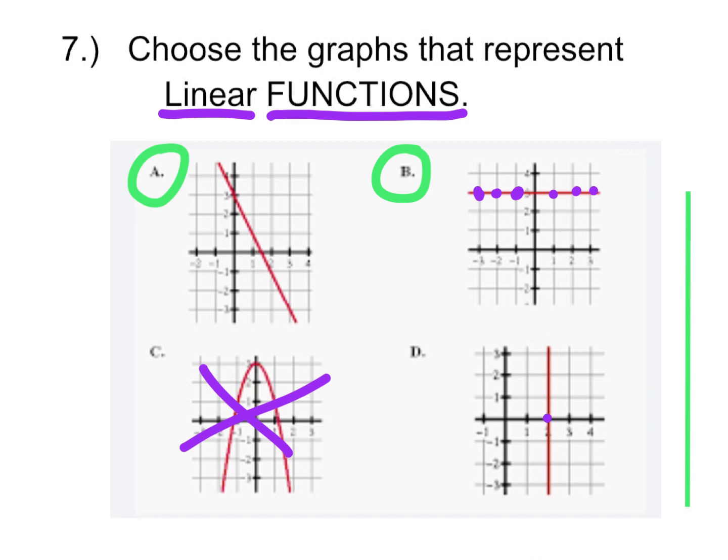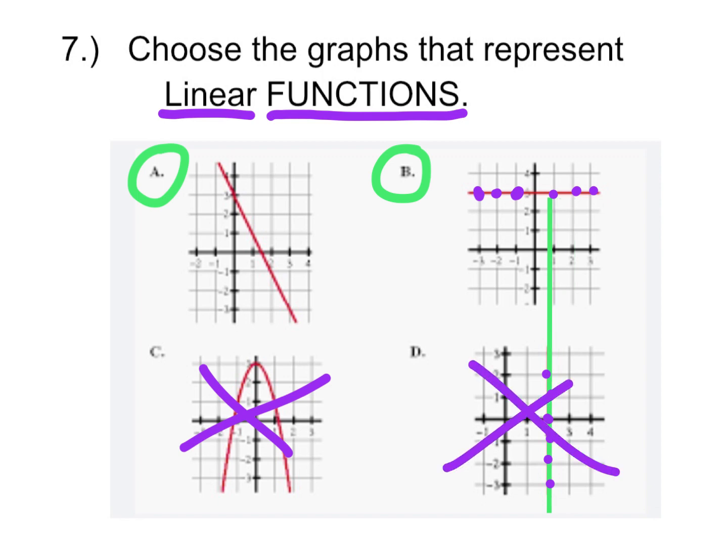Also, if I pull out the points that are on this line, you can see that the input of 2 has the output of 0, the output of 1, the output of 2, the output of -1, -2, and -3. So this does not pass the vertical line test. You can see that the input of 2 has all of those outputs. So graph D is not a function.